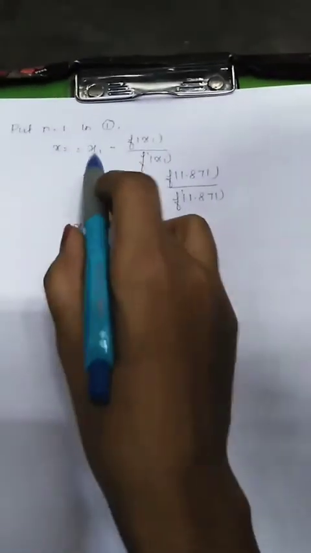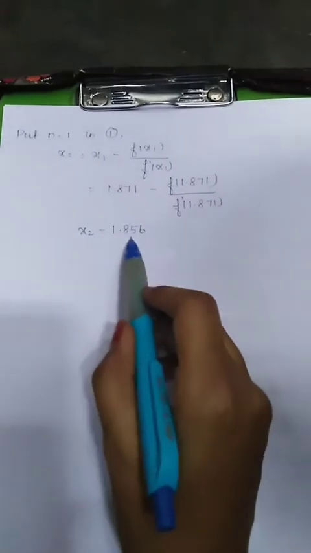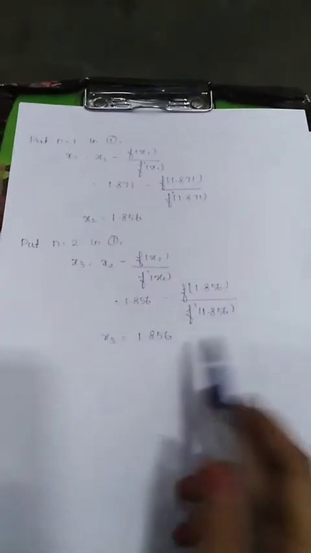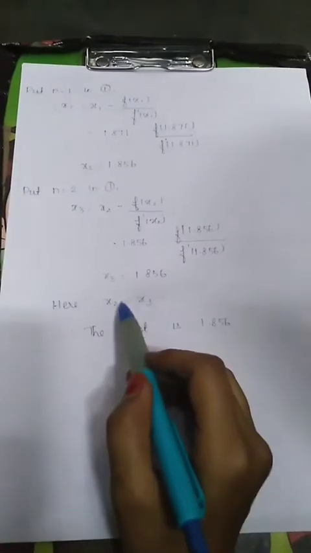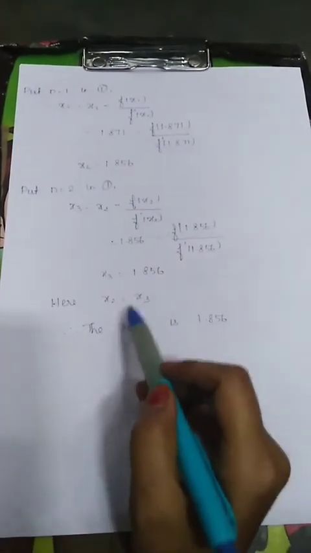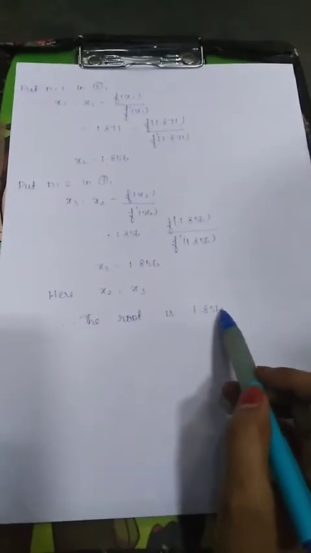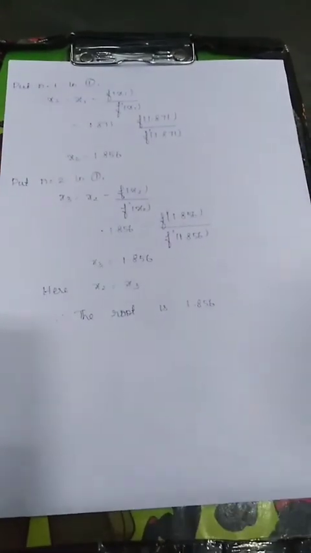Put n = 1 in equation number 1. Then x2 = 1.856. Put n = 2 in equation number 1. Then x3 = 1.856. Here x2 equals x3. The value is the same. Therefore, the root is 1.856. Answer.